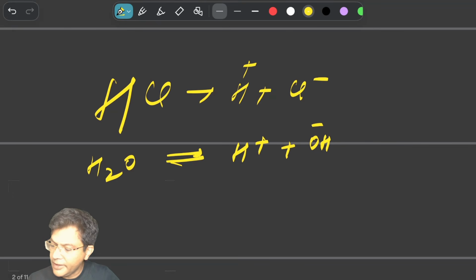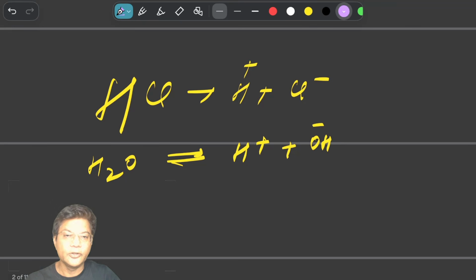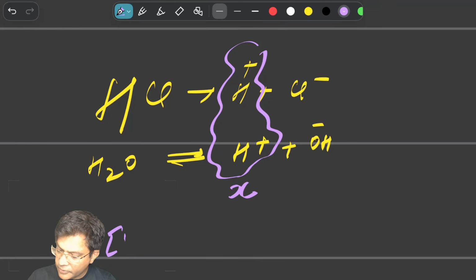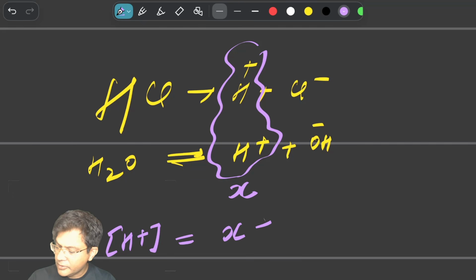When only water was there, it was 10 raised to power minus 7, but due to the common ion effect, Le Chatelier's principle says the weak one will start moving in the backward direction. So we say X is the H plus ion from water, and HCl gives 10 raised to power minus 8. So the total H plus concentration is X plus 10 raised to power minus 8.